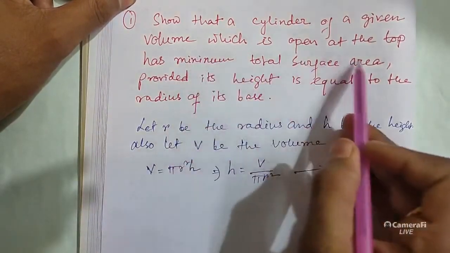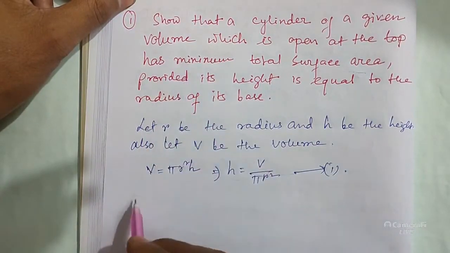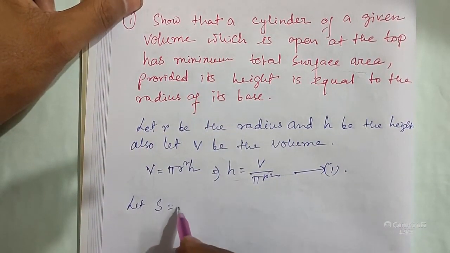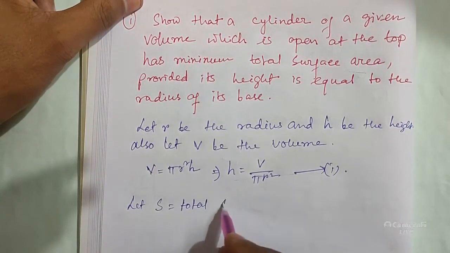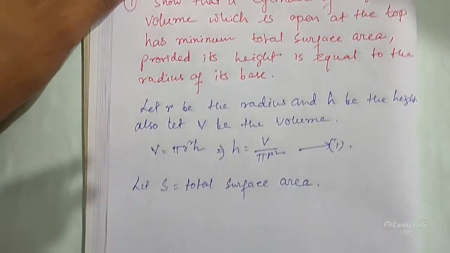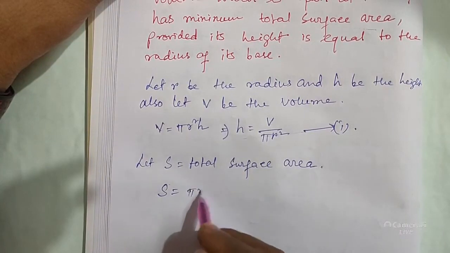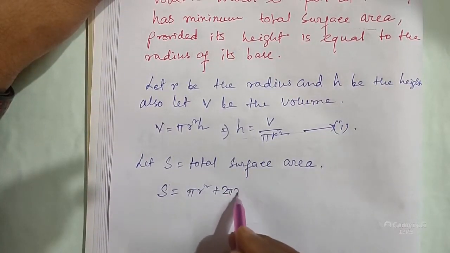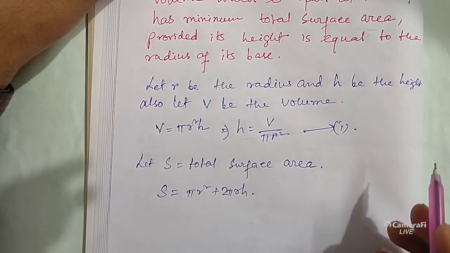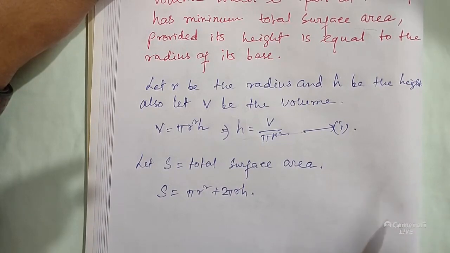Next, what we have to show? We have to show that the total surface area is minimum. So let S equal the total surface area. What will be the value of S? We know that S equals pi r square plus 2 pi r h.